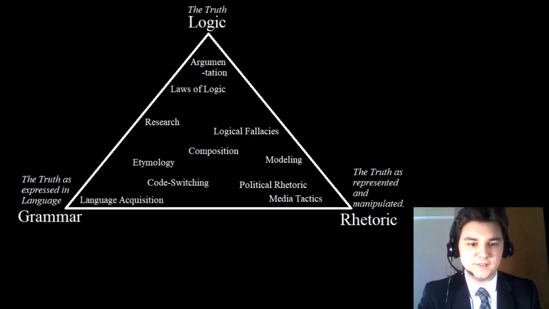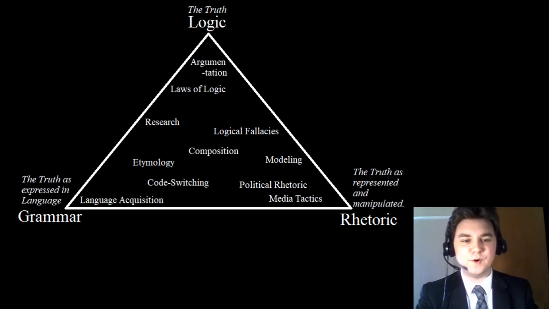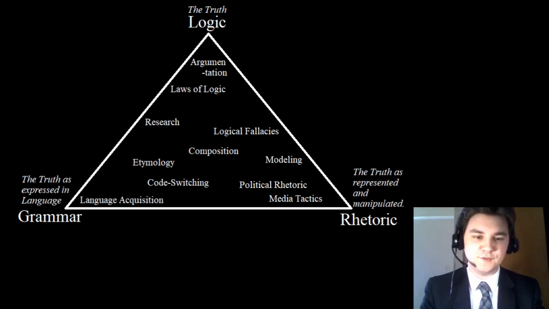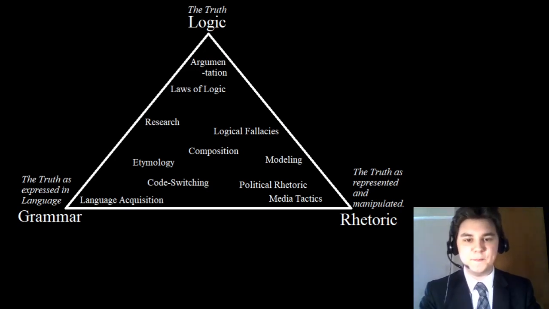And rhetoric, the third leg of the trivium, is truth as represented and/or manipulated. So St. Augustine talks a little bit about this in the Confessions. And he has a separate work where he talks a little bit about rhetoric as it is helpful to Christian apologetics. In Augustine's understanding of rhetoric, of course, he taught rhetoric and was a student of rhetoric for a long time.